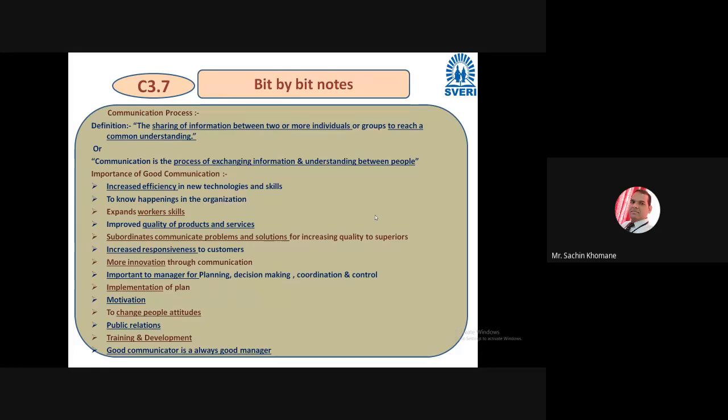So let us discuss today's topic, that is the communication process. This is a very general topic everybody knows, and a general discussion will be there, but we have to correlate this discussion with industrial communication, right? In industry, a variety of communications are required, like oral communication is necessary, non-verbal communication is important, written communication is important, right?